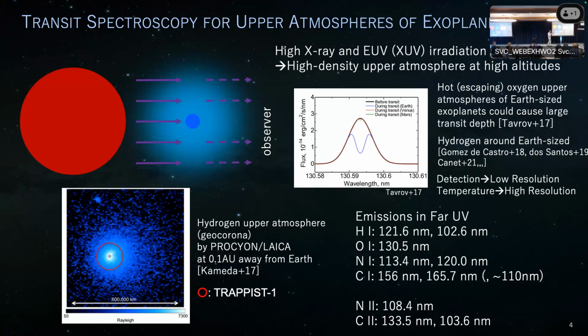This shows an example of the estimation. So we can expect a very big atomic oxygen exosphere around the Earth-sized planet.